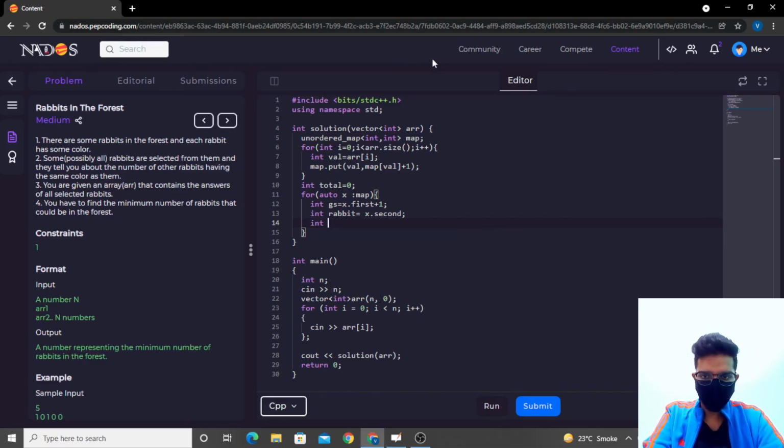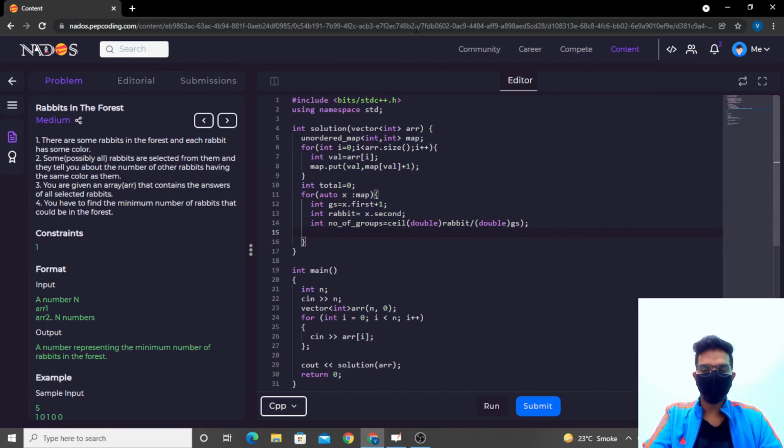So int number of groups will be equal to ceil of, I got to convert into a double because ceil supports doubles, right? So double ceil of rabbit upon, again double, group size.